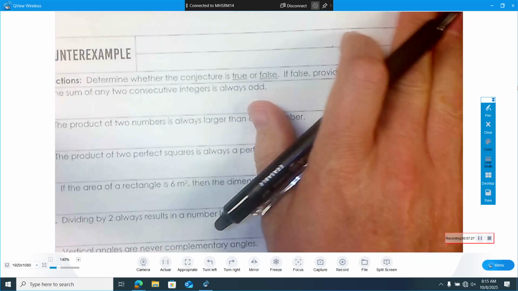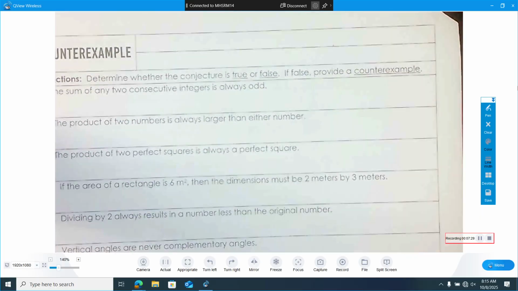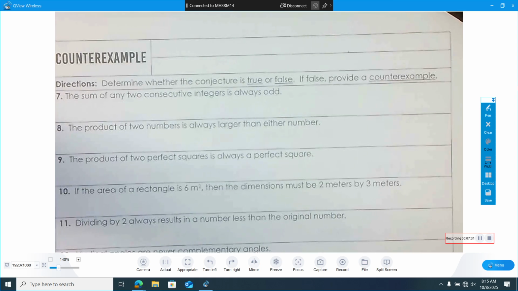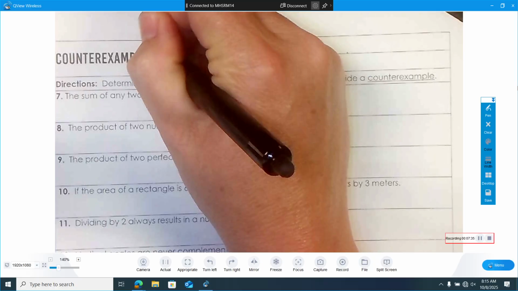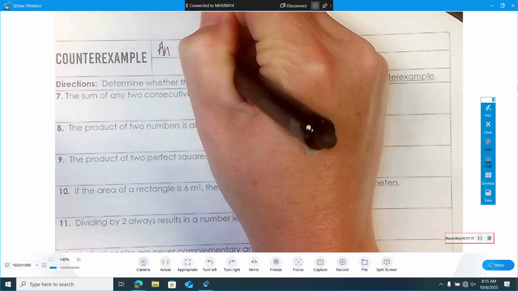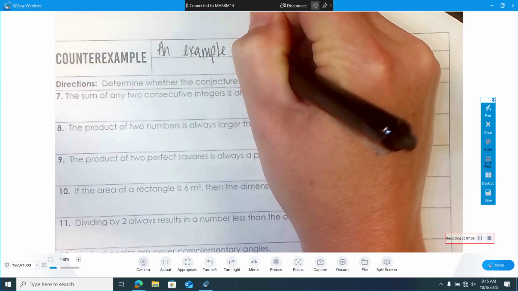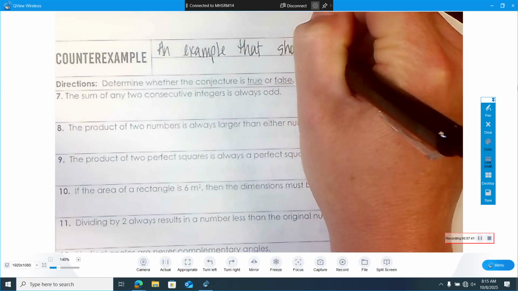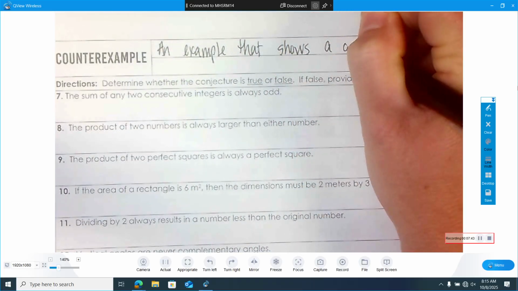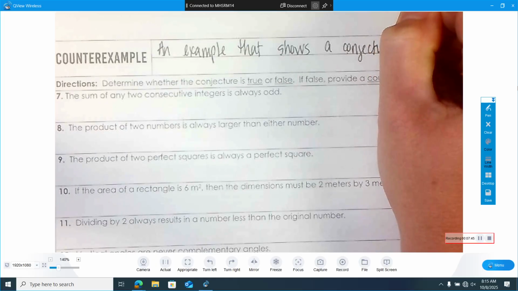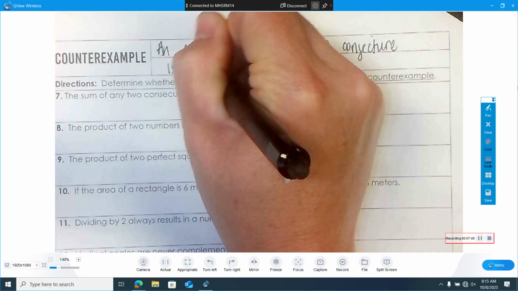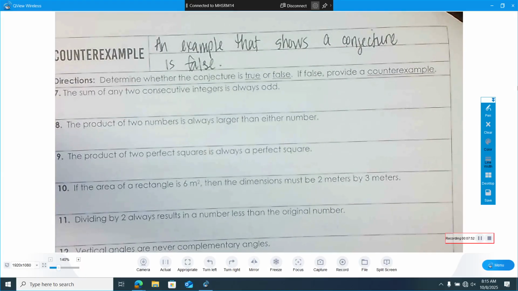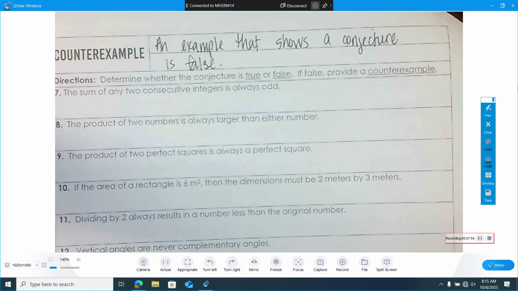We can do that by having a counterexample. A counterexample is an example that shows a conjecture is false. So it's really kind of interesting when we're talking about logic statements.